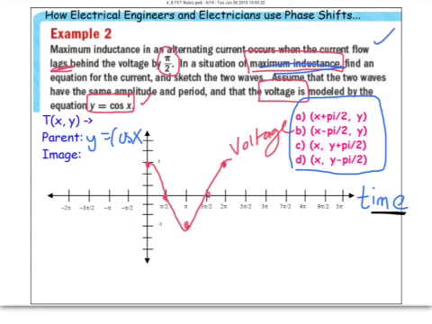So if this is where we start here for time, if time has gone by, time has moved this way. So that's where it's going to start at a later time. So what we need to do is take the voltage graph and actually shift it to the right by pi over 2. This translation rule will shift it to the right. So I would say the translation rule is take the x's and add to them pi over 2. Don't subtract.